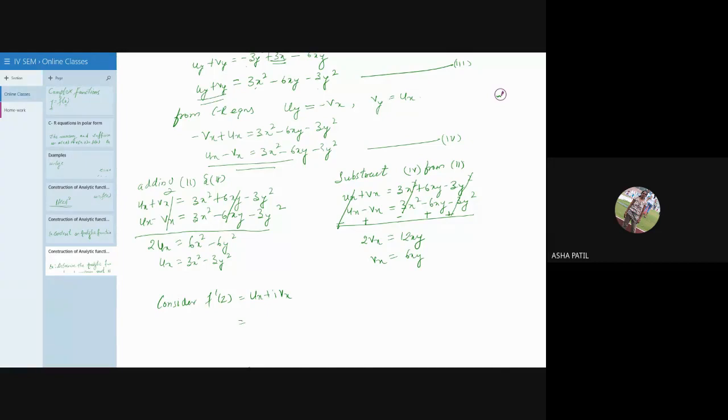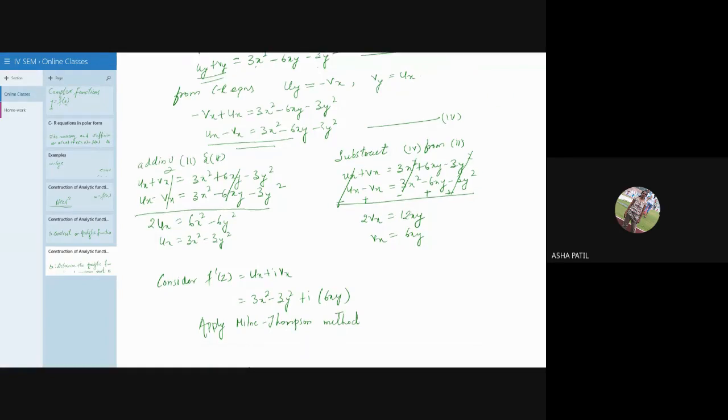So we have ux, which is 3x square minus 3y square, plus i into 6xy. Now apply the Milne-Thomson method. Put x equal to z and y equal to 0.